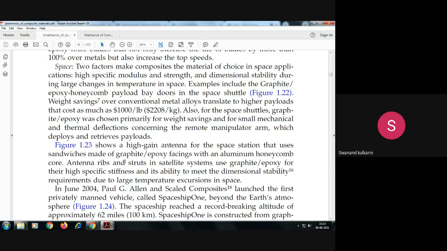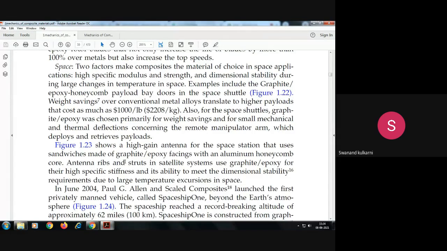For both cases, the polymer matrix composites generally don't respond like metal, because in case of metals, expansion or contraction is large, and that's why dimensional stability matters, because we know that in space there is always a large variation in the temperature, due to which dimensional stability is essentially required, and that becomes one of the advantages for polymer matrix composites in space applications.